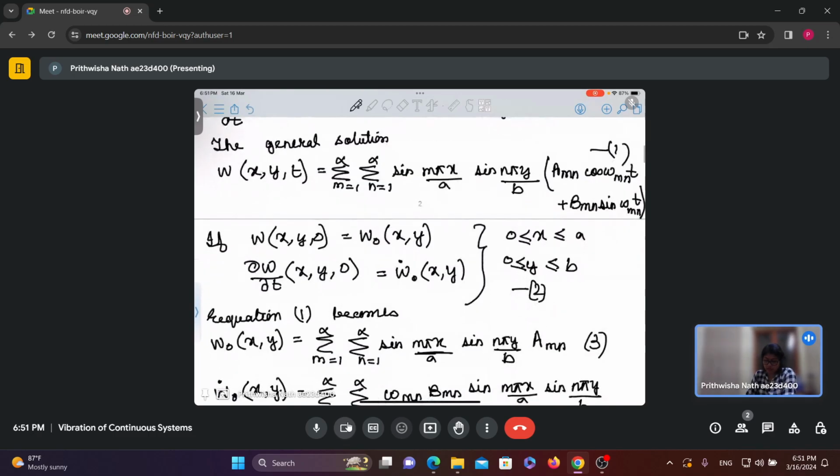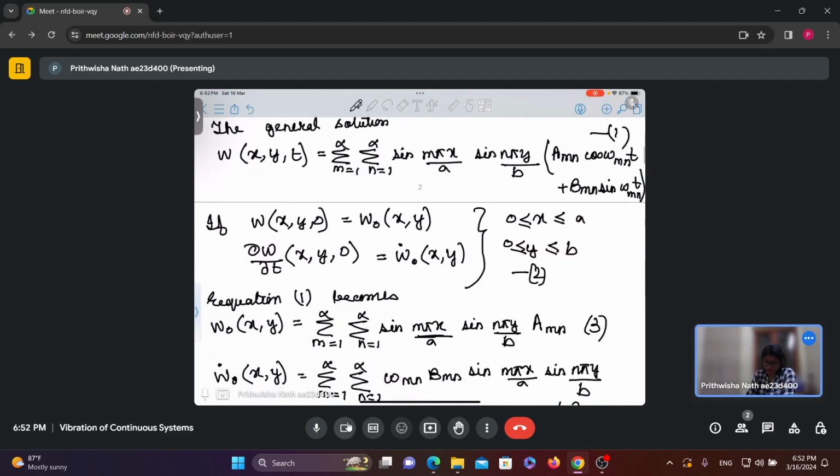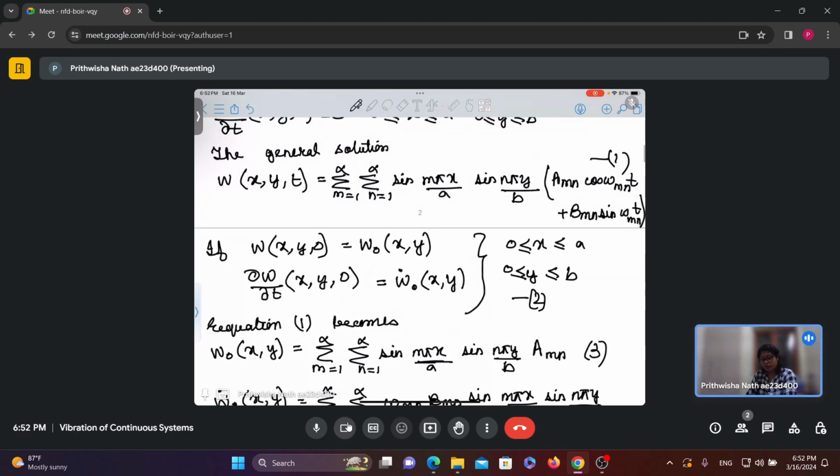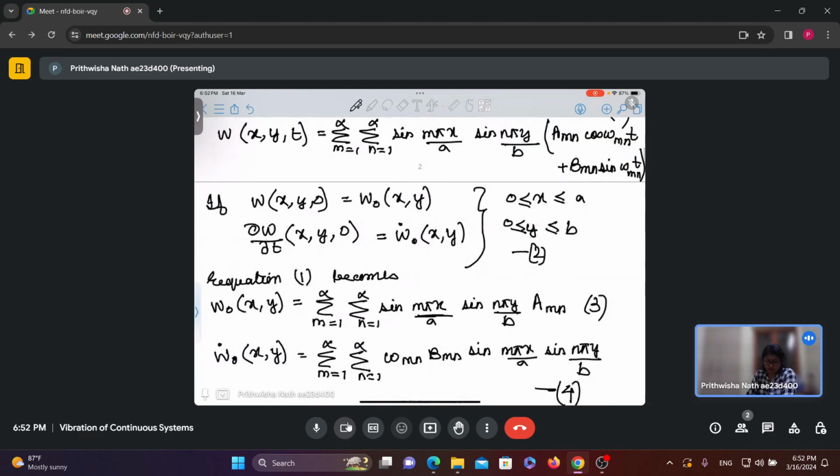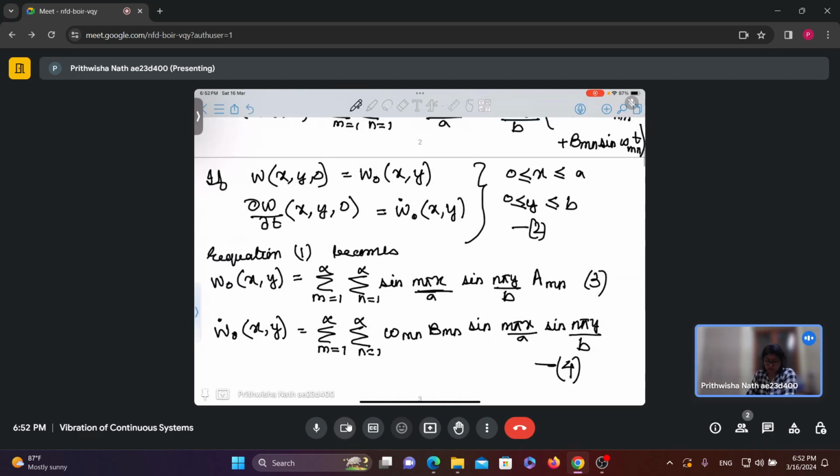For time t equals 0, we got W naught as this. Only the coefficient of the cos term was remaining. And for W naught dot, this was the equation at time t equals 0.